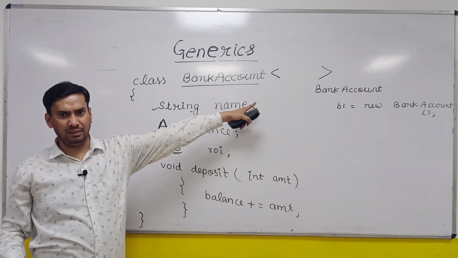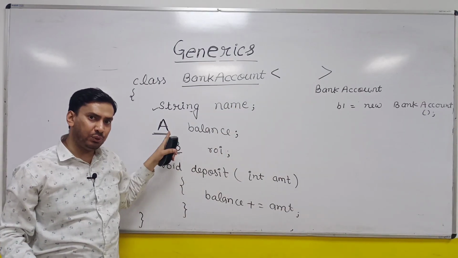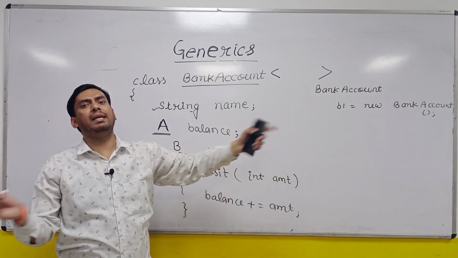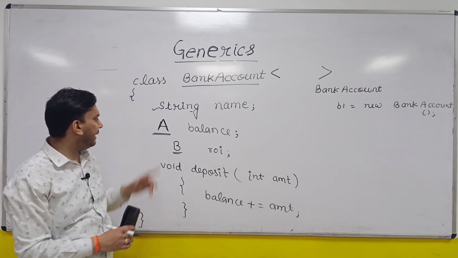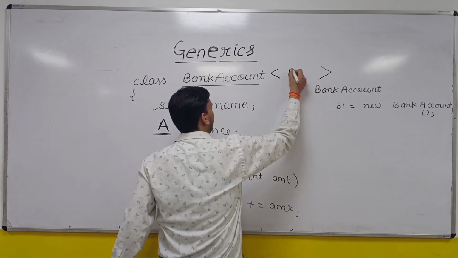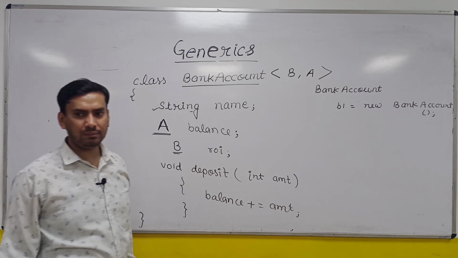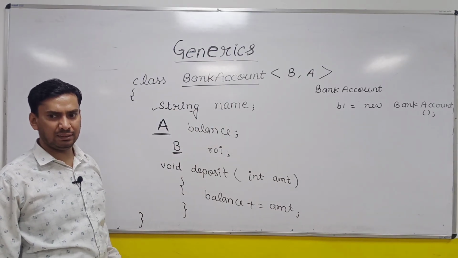Is it clear? If you have used only one, you will write 1. If you have used 2, you have to write both in any order. It is not like A is written first, so A should be written here first. No. It can be in any order. You can write like this. This is your generic class.